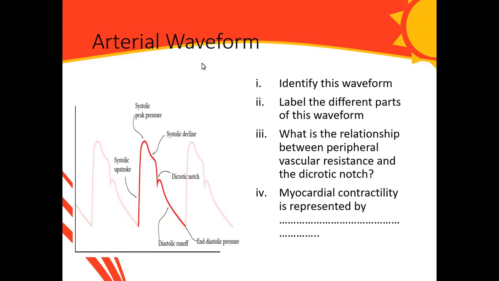So you can see from here that if the position of the dicrotic notch is lower down, it represents a patient who is vasodilated, which you can see especially in septic patients. Whereas if it's higher up, the patient is vasoconstricted. So it is normally about two-thirds of the systolic upstroke. Anything lower or higher represents an abnormality.